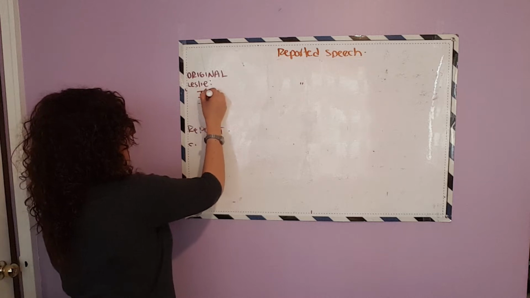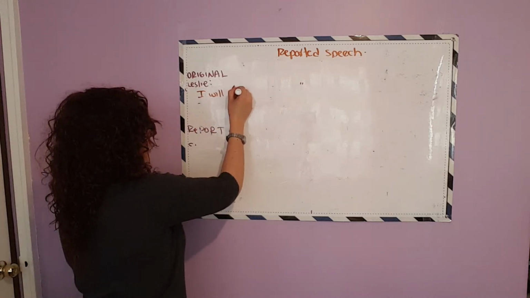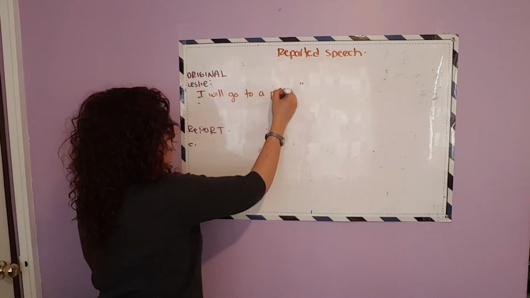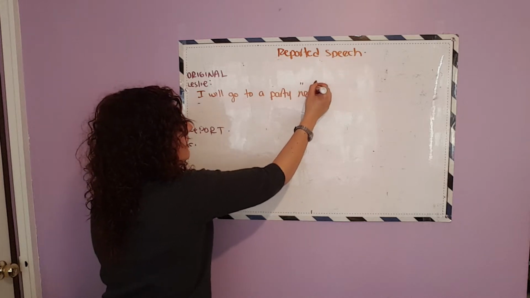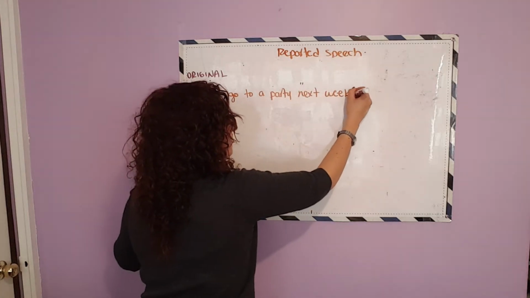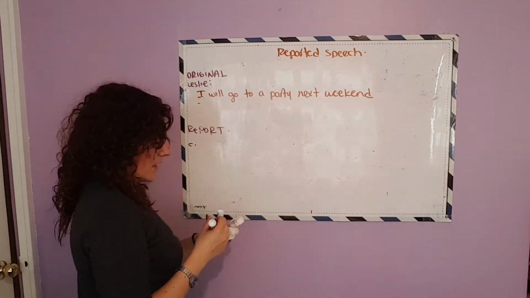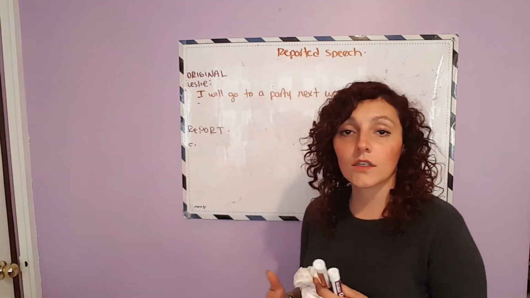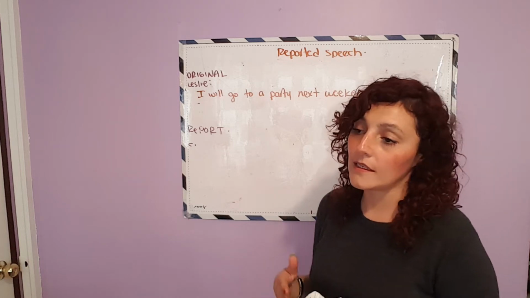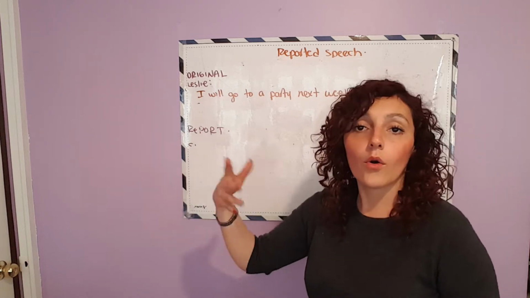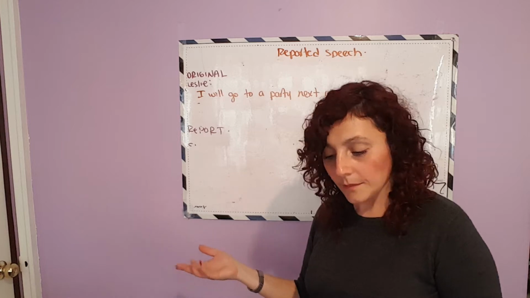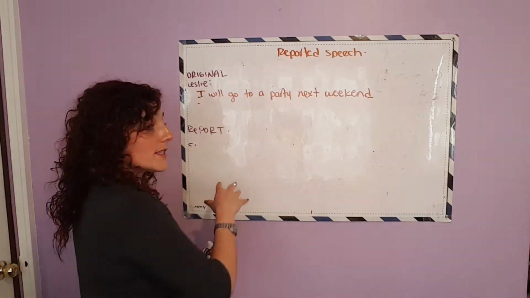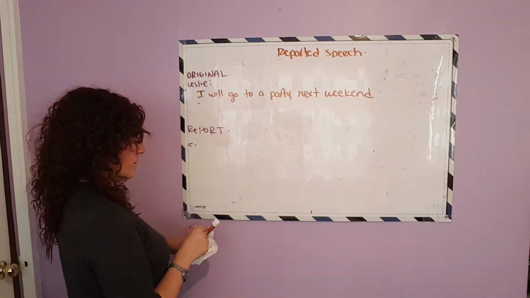So my original is, I will go to a party next weekend, right? Then again, he's going to report this conversation. Maybe he's talking to one of his friends, and then he says like, well, my girlfriend or Leslie, blah, blah, blah.